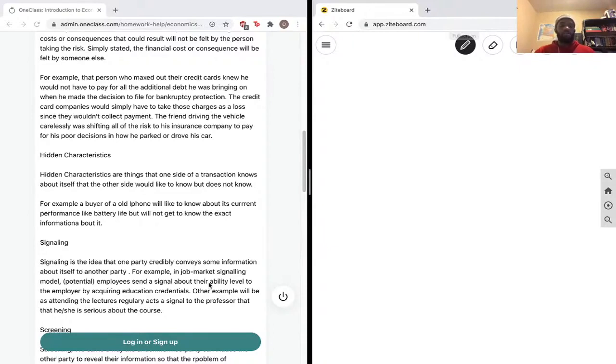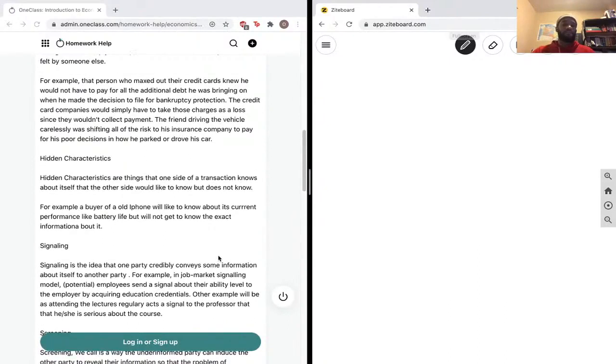And that's correct. This is much like asymmetric information, except it's a different definition, and it's a correct definition. If you're selling your old phone, you might not want to tell someone about the battery life because you're trying to sell it.